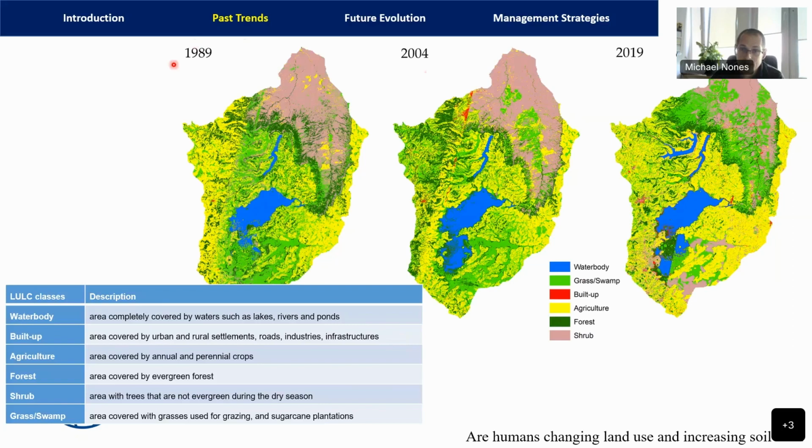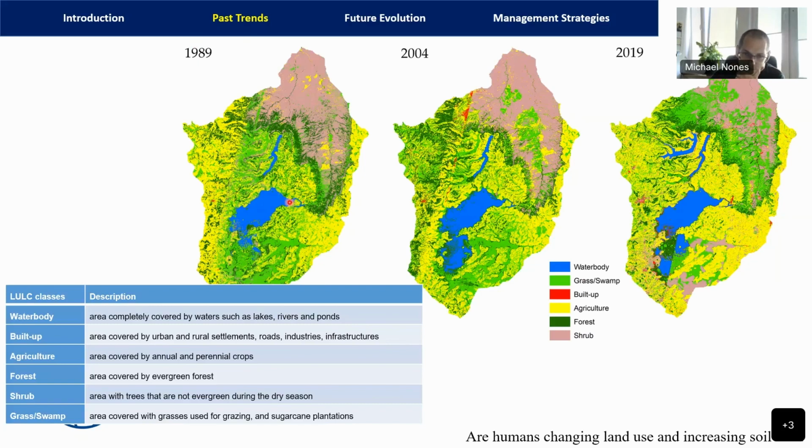So going from 89 to 2019, you can see a reasonable increase in yellow areas and a decrease in dark green. This means that we have an increase in areas covered by human-created agricultural fields, and we have a decrease of natural forest.